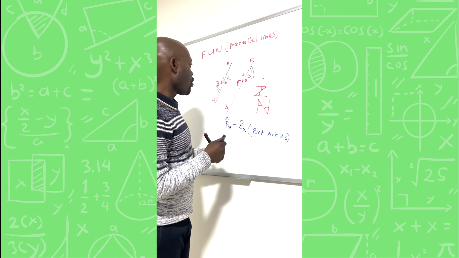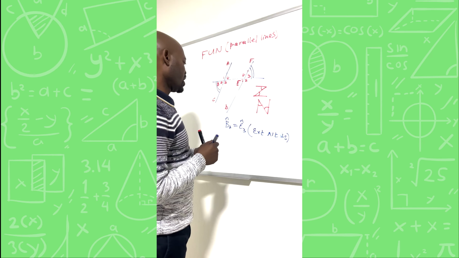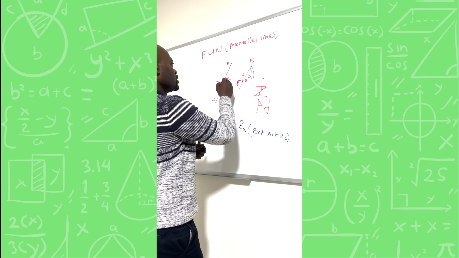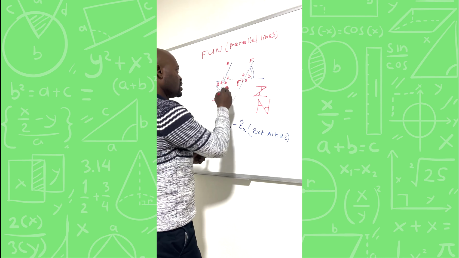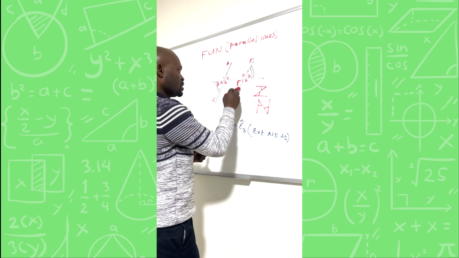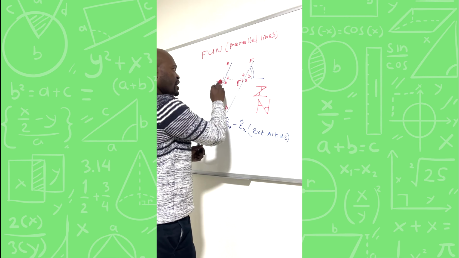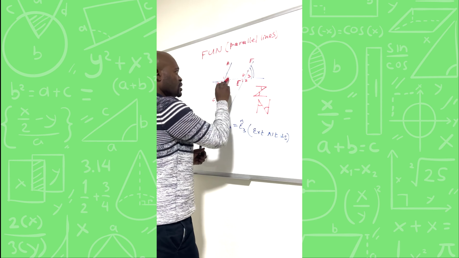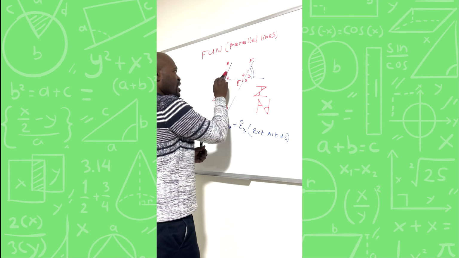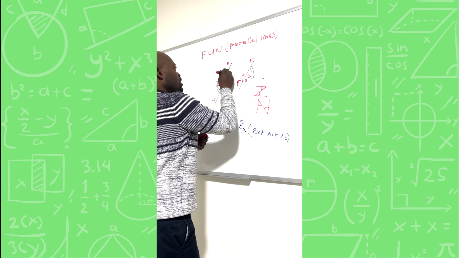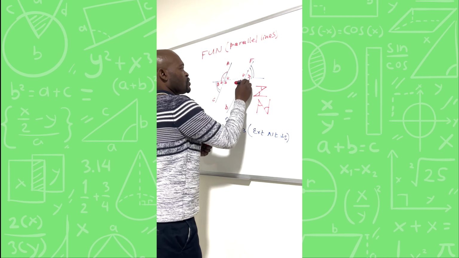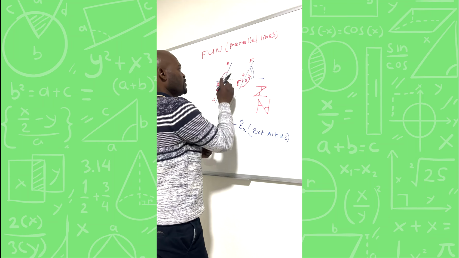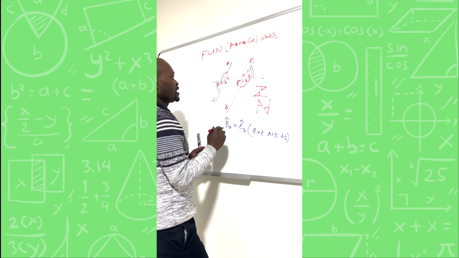We can still look for more exterior alternate angles. Let's see. There's my Z. That angle is going to be equal to this angle, because there's my Z. So this angle is equal to that angle.